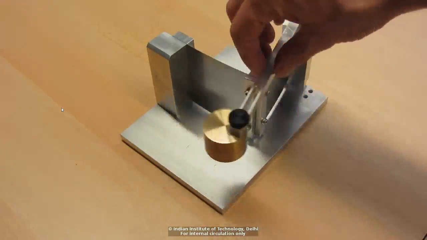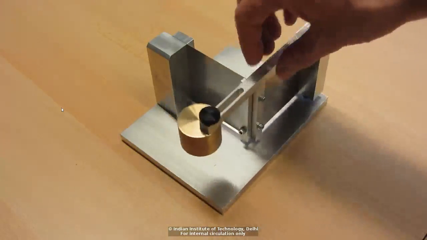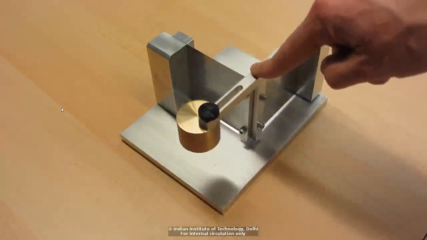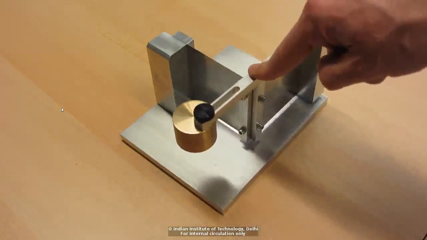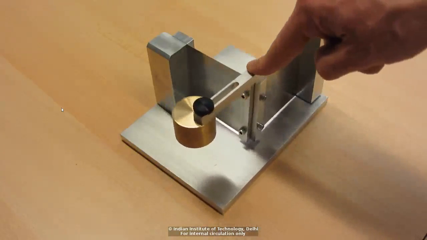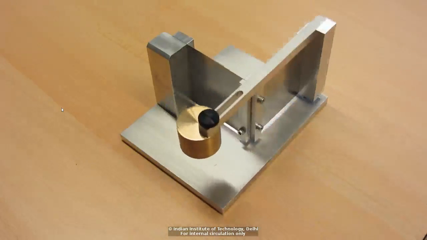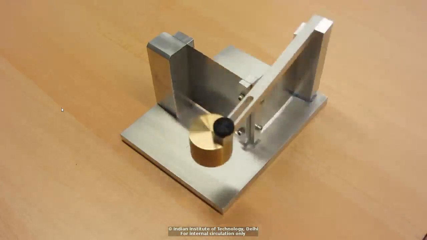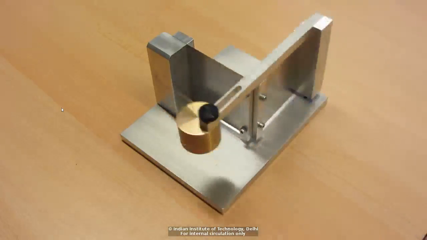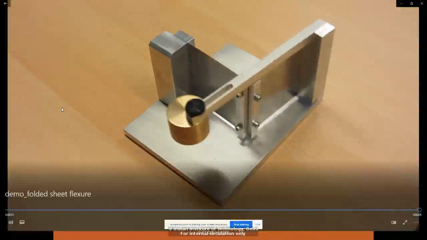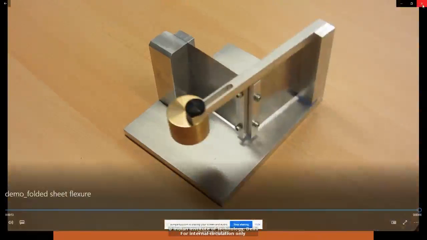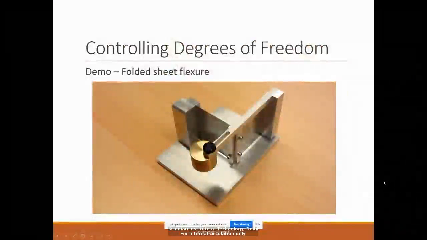Now suppose you simply want to press along the line, you cannot. The stiffness is very high, and that's why it's not possible. The weight you see is mainly to provide balance. So I think it's a very good example, and actually this kind of setup we can also build and demonstrate.